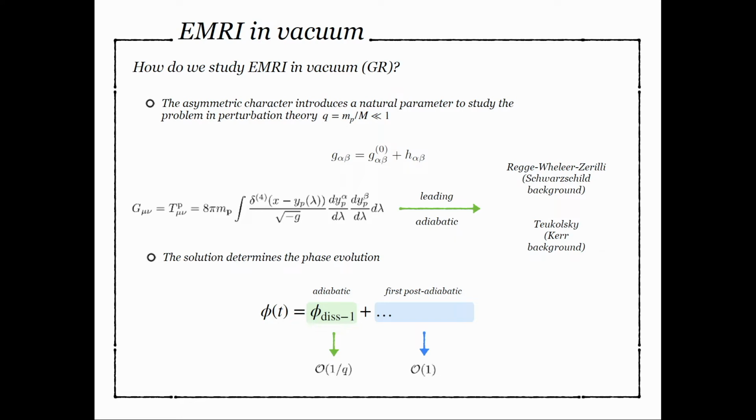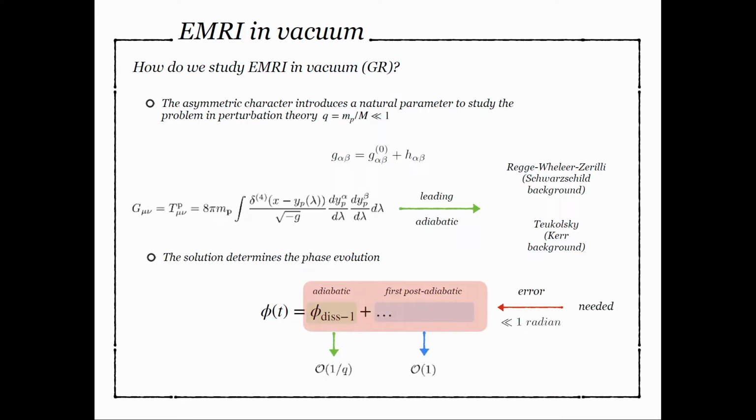You can actually decompose the phase evolution in terms of a power expansion in the mass ratio. The leading term will go as 1 over q. Remember, q is the thing which is 10 to the minus 5, 10 to the minus 6, so this term here is very big. Then you have what are called the first post-adiabatic and second post-adiabatic terms, which need second order correction in this ansatz.